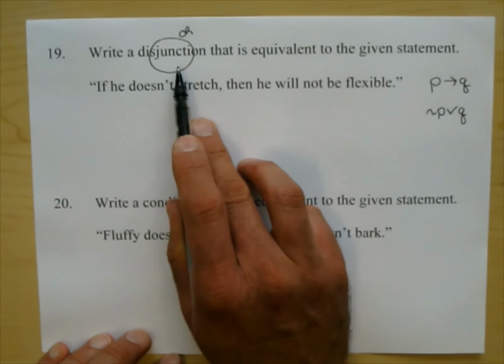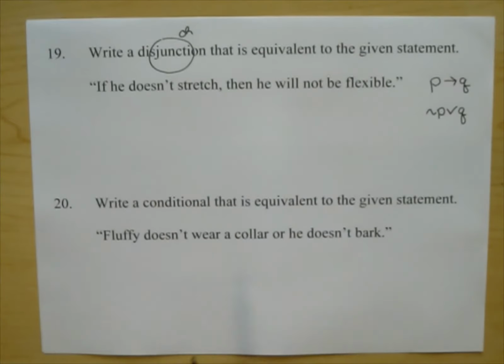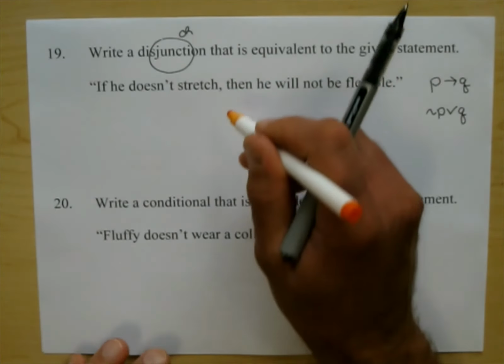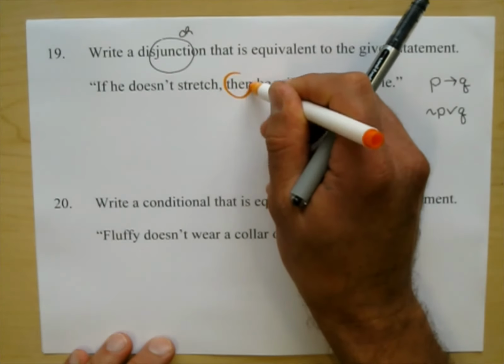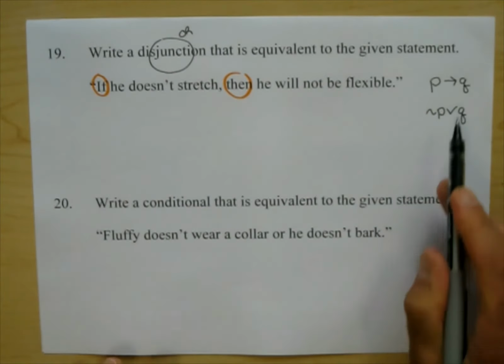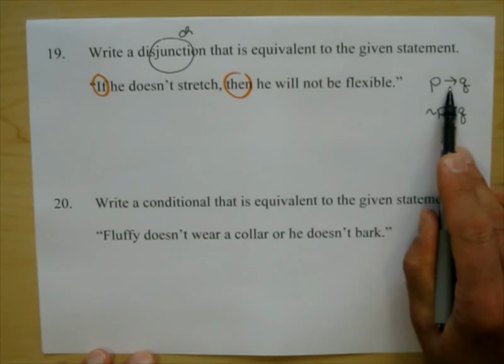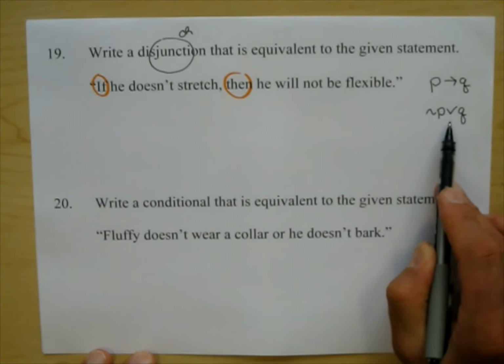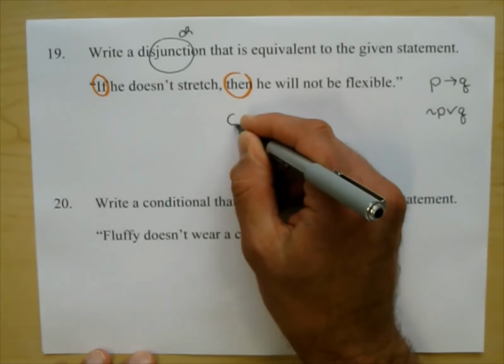So this is what you're going to do. You're going to take a look at these statements. Here's the if and then, sorry, the then and the if. I'm going to rip that out because that's the arrow. The then is the arrow. I'm going to replace the then with an or.